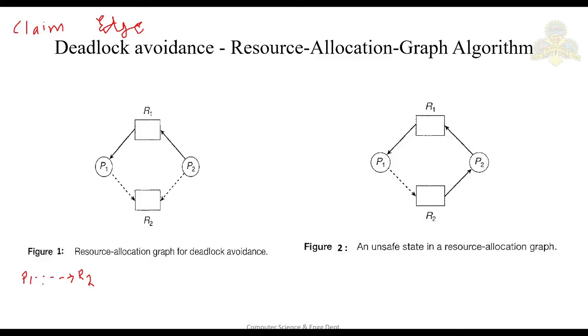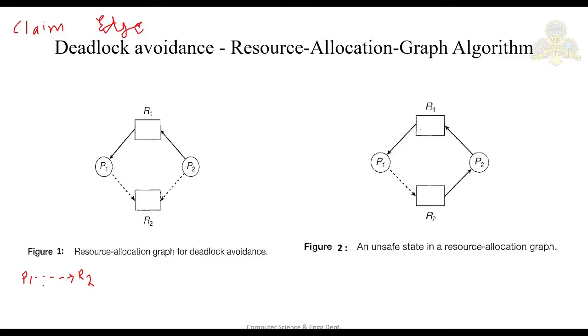This dashed line with a pointed arrow to the resource, we call it a claim edge. So whenever a process thinks that it might need a resource in future, the process claims the resource and that we call a claim edge.